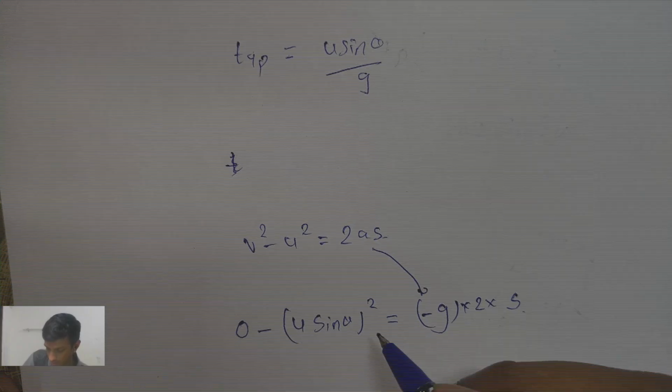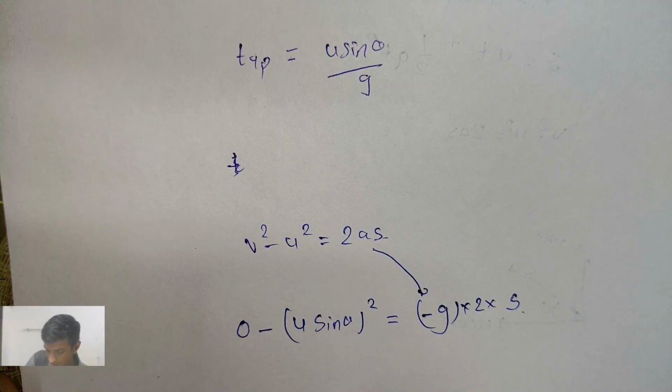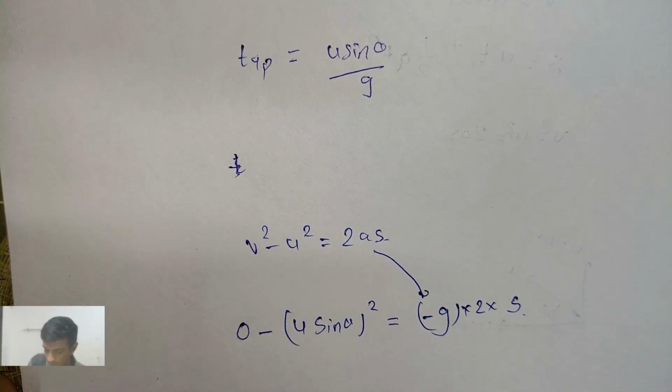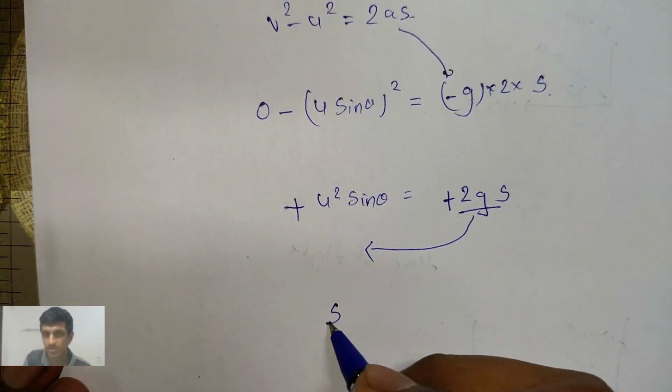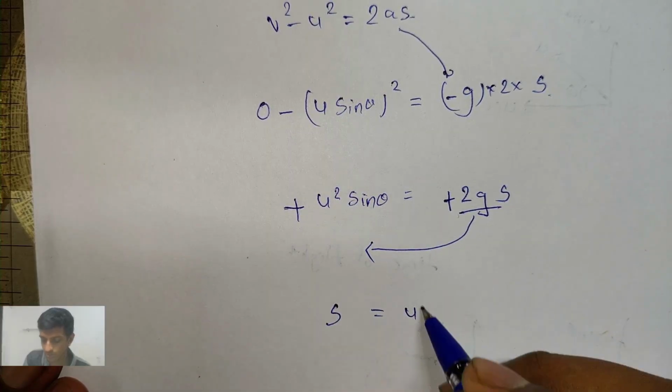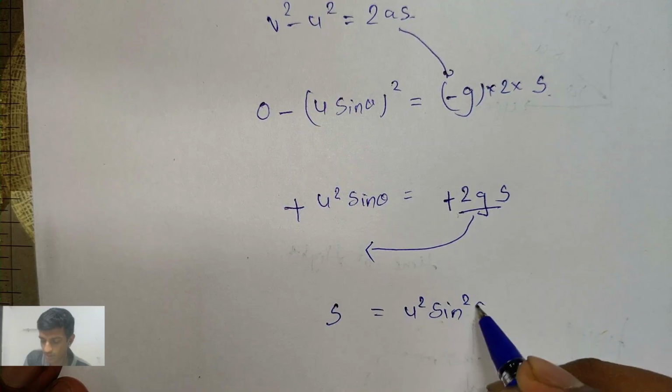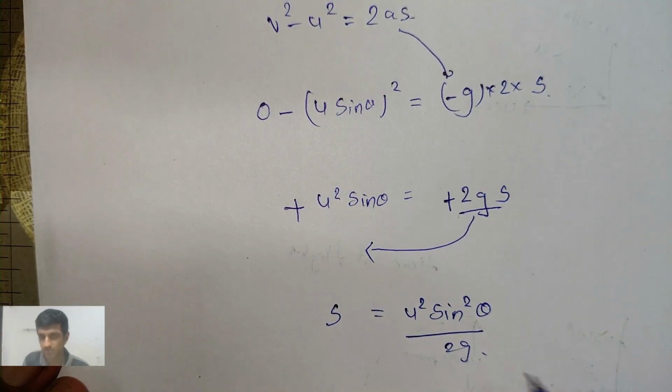Now, minus u square sine square theta equals minus 2gs. This minus and this minus will get cancelled. We will move 2g down here. Therefore, distance travelled s is equal to u square sine square theta by 2g.